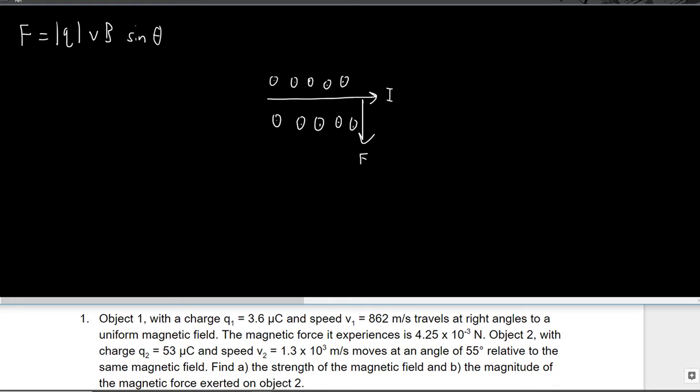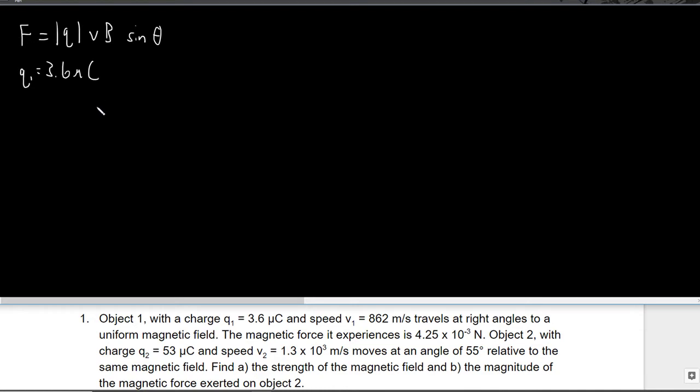All right, so let me get rid of that stuff quick. Let's look at what that tells us here. We've got two objects. Object one has a charge of 3.6 microcoulombs and a speed of 862 meters per second.